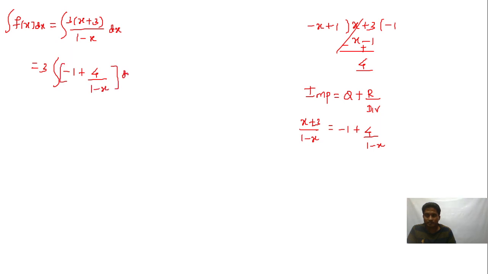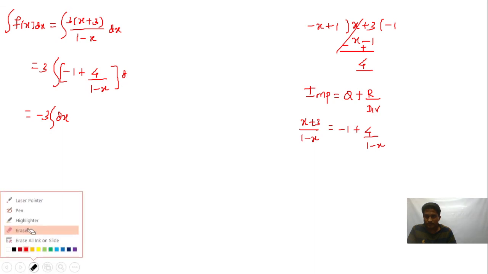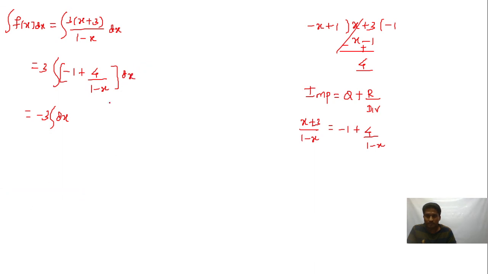Then dx. So this is equal to minus 3 times integration of dx, plus 12 times integration of 1 divided by (1 minus x) dx.